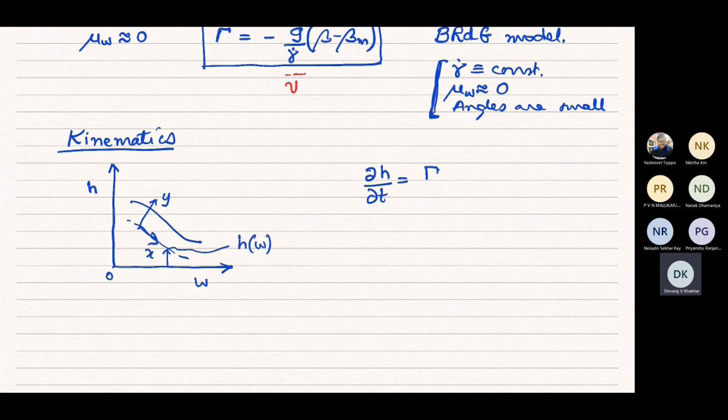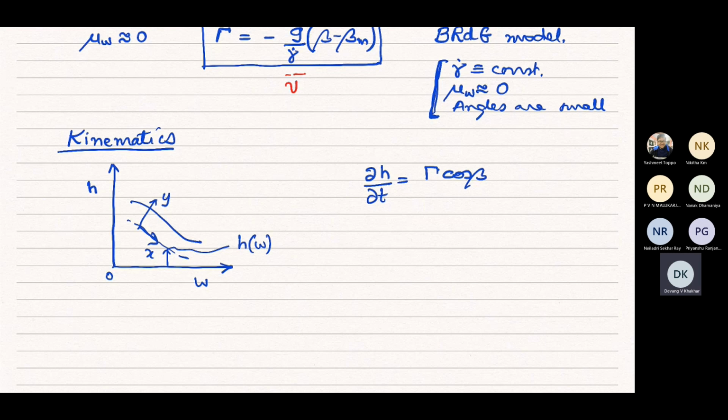But you have to put in the factor of cos beta, because the velocity is normal to the surface and we want the velocity in the vertical direction, so that is going to be gamma cos beta. If beta is 0, then of course dH by dt is gamma. So if you're starting with a flat interface, where x coincides with w, then del h by del t is equal to gamma. But if beta is some small angle, then you have to multiply by a factor.